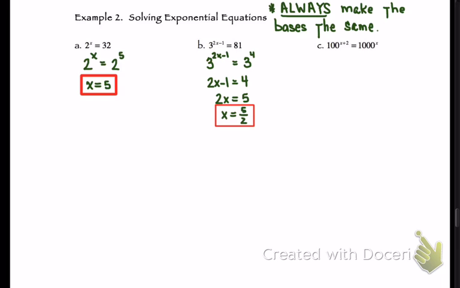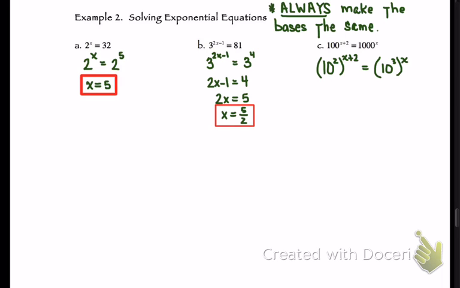So I'm going to have to change both of them somehow. So I'm thinking 100 and 1,000. What base could I possibly make them so they're the same? Oh, I think I got it. I think I can make them into a base of 10.